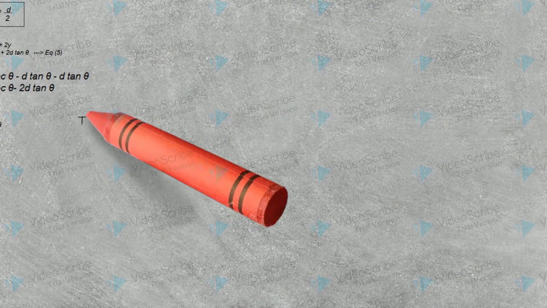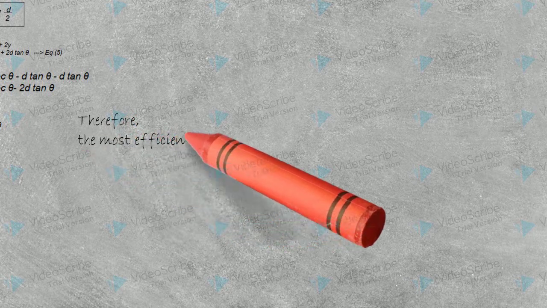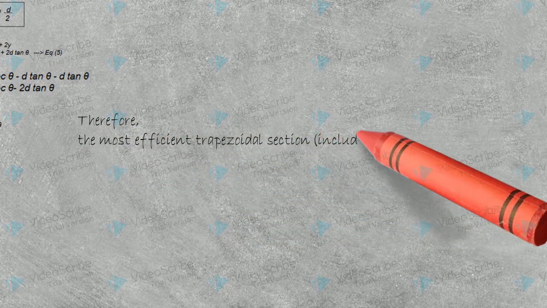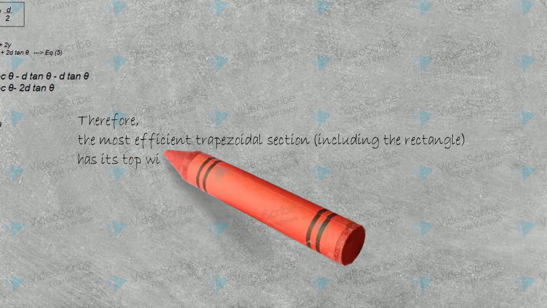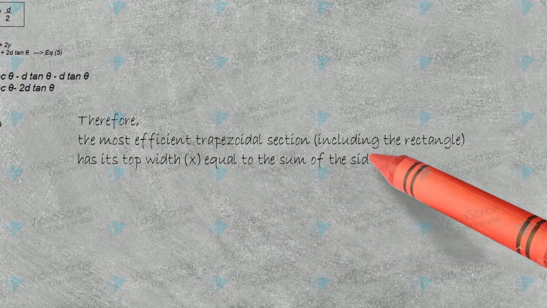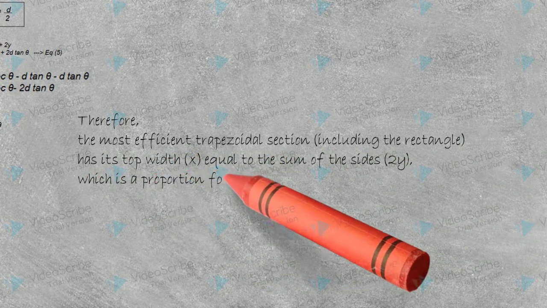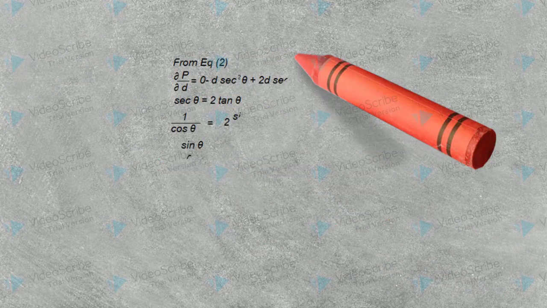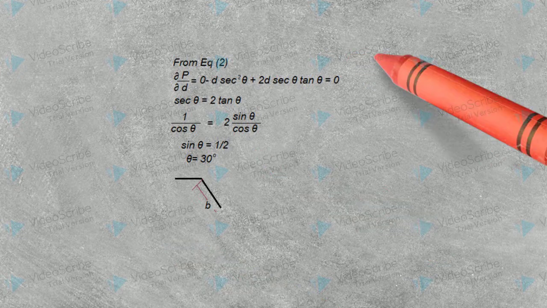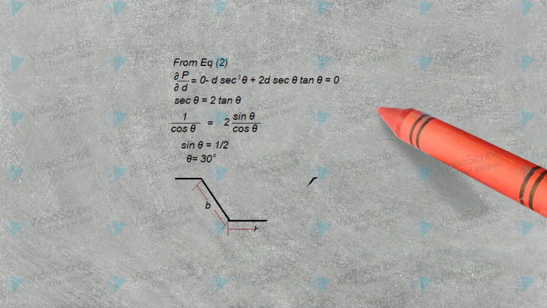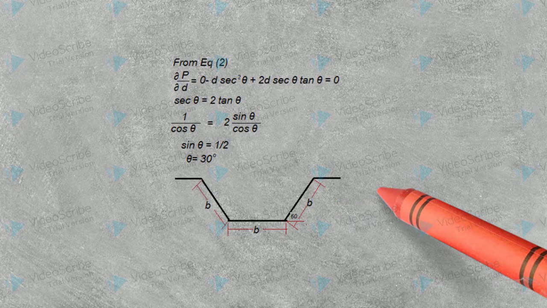Therefore, the most efficient trapezoidal section, including the rectangle, has its top width, x, equal to the sum of the sides, 2y, which is a proportion for a half hexagon. So from equation 2, sin theta is equal to 1/2. Theta will be 30 degrees. So as shown in the figure, all sides are equal.